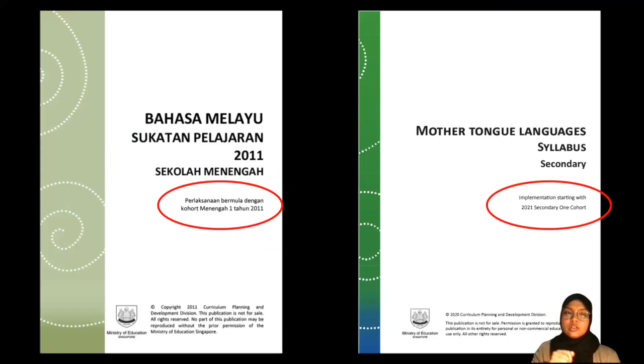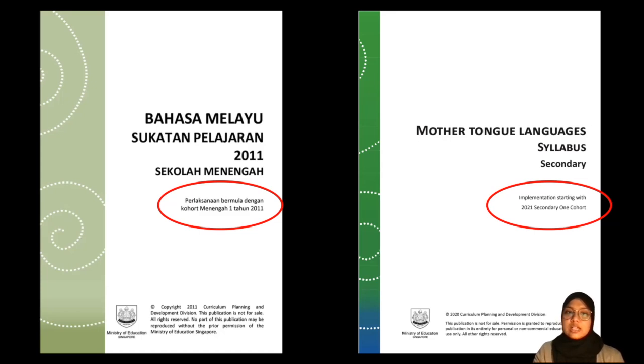If you click on the two syllabuses there, you'll find these two booklets. The one on the left is the old one and the one on the right is the new one. As you can see, the old one is in Malay and the new one is in English.